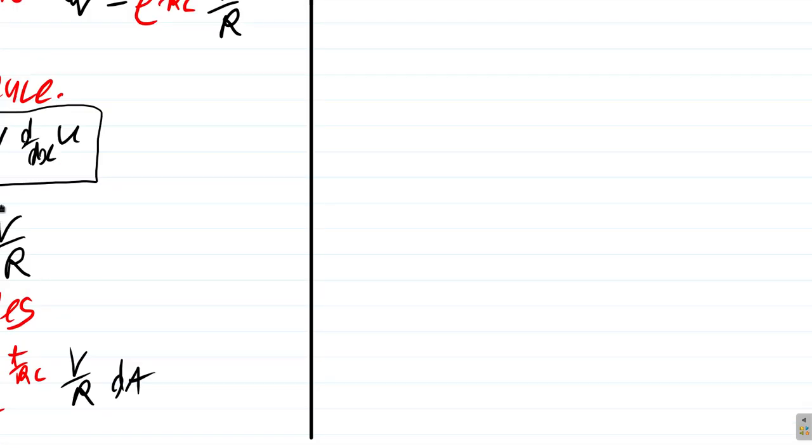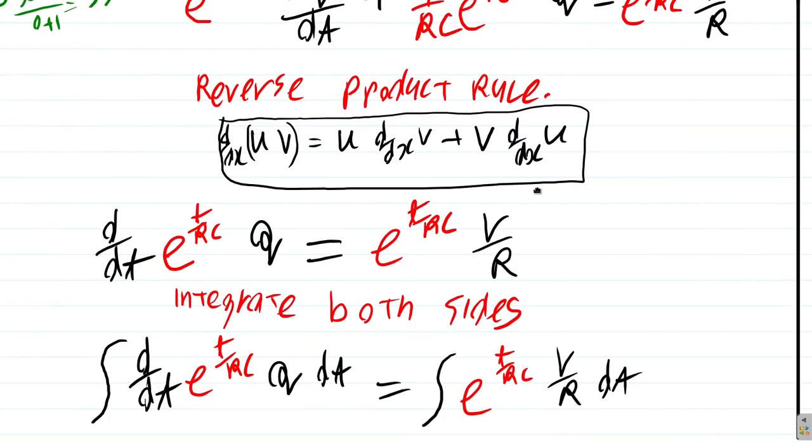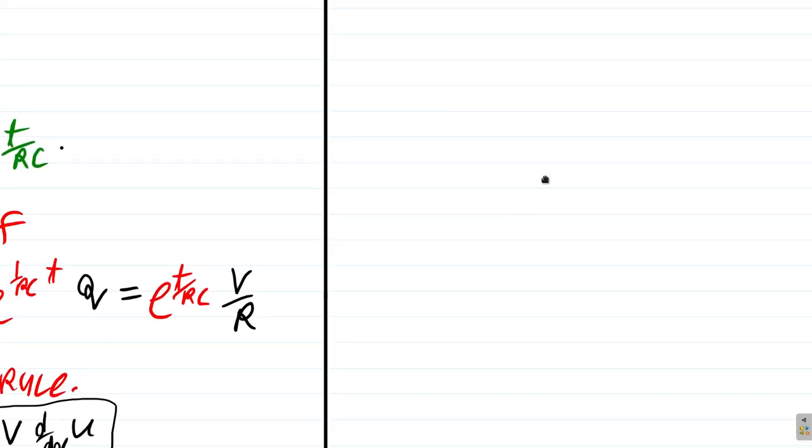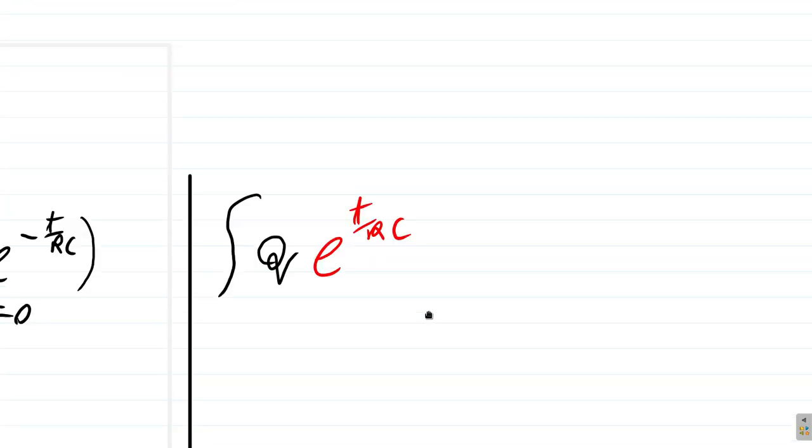What else was there? The integral of q e to the t over rc, dt, showing that t is the variable.